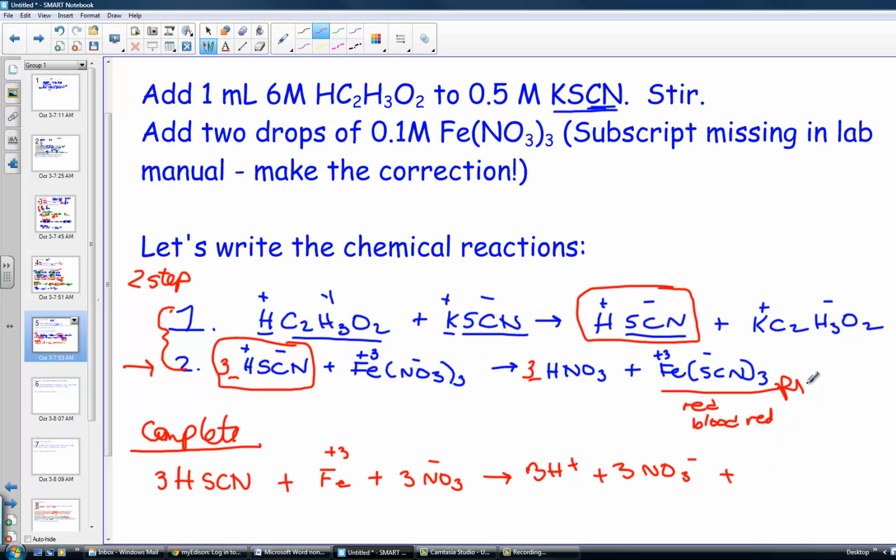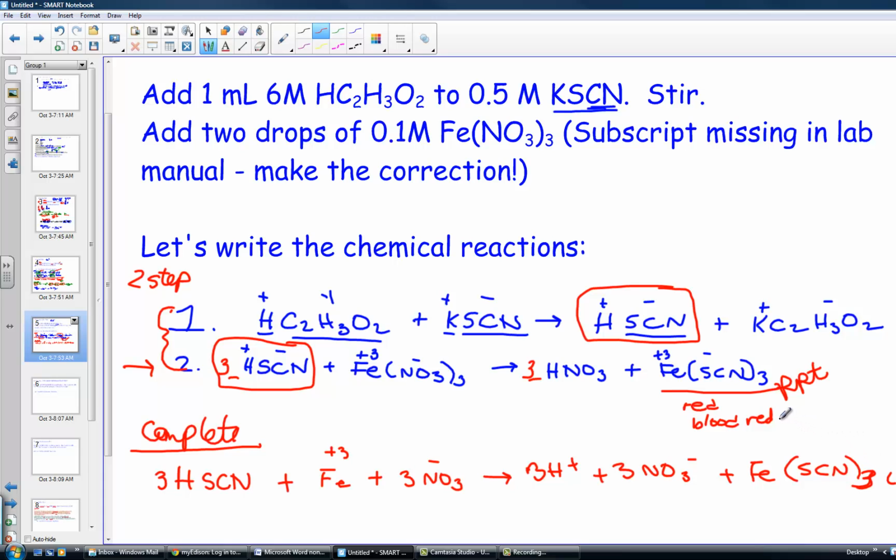This is a precipitate. It's the deep red, dark colored solution that you've produced. It stays together. Fe(SCN) taken 3 times comes out as a very fine, solid precipitate.